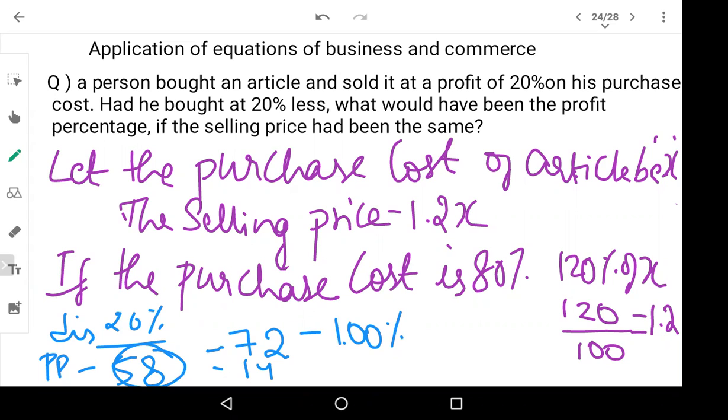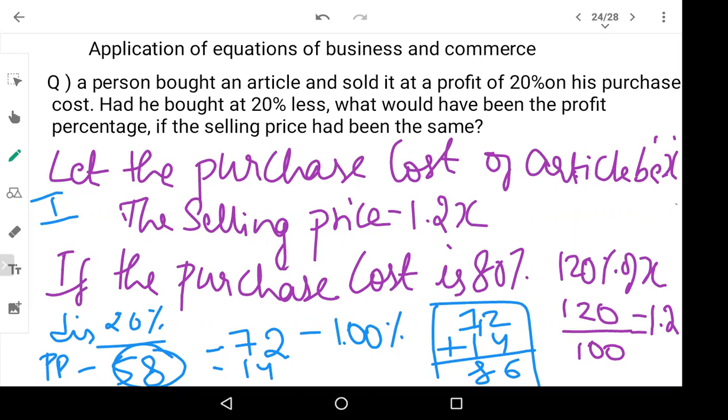Are you understanding the scenario? So scenario number 1 is the cost of a Parker pen is 72 rupees. You paid 72 rupees, you got the pen. Now you added 20% more on that 72 rupees. So you sold the pen at 86 rupees. Okay, this is scenario number 1, closed.